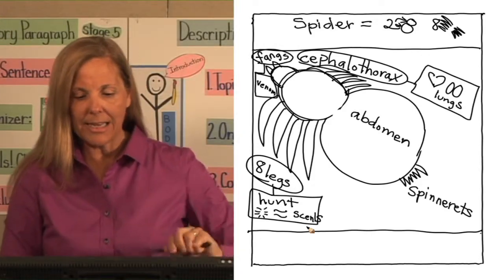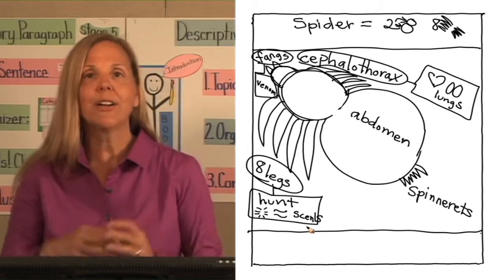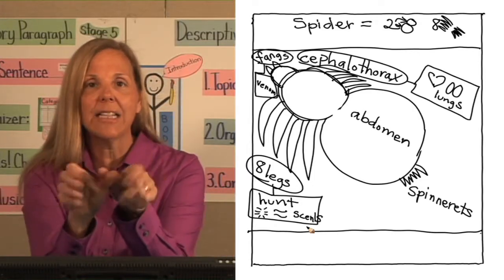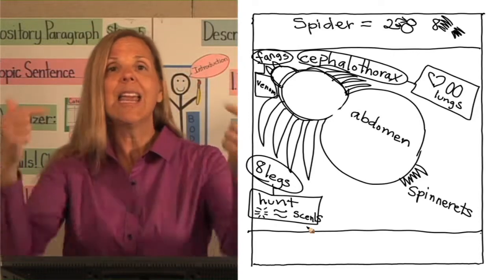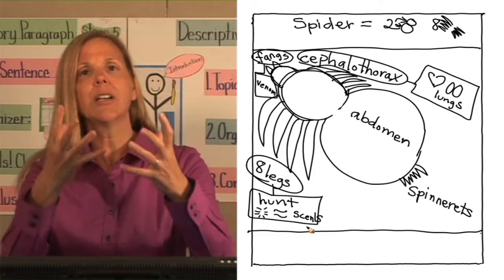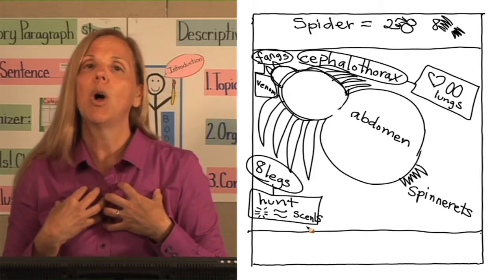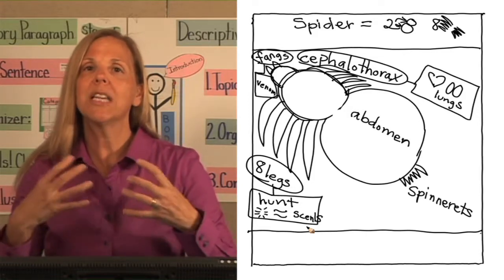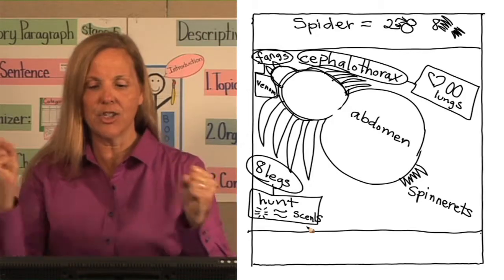Let's go back and let's say this entire piece of writing again. A spider has 2 body parts with 8 legs. The top of the body is the cephalothorax, which has the lungs and heart. The lungs take in air and bring oxygen to its body, while the heart pumps the oxygen and blood throughout it so that it can have energy.